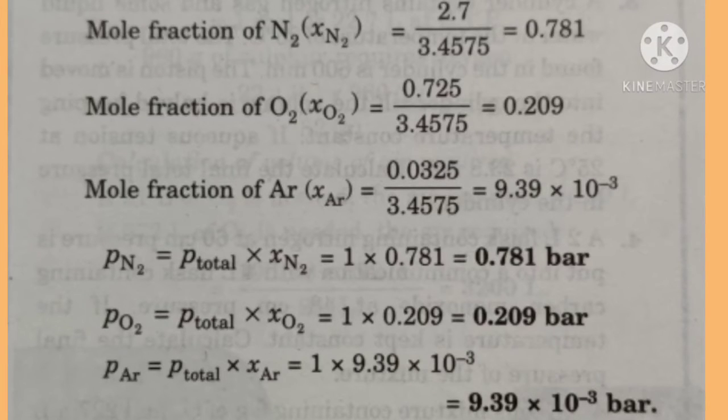And the partial pressure of argon is P total into mole fraction of argon, which is 1 into 9.39 into 10 to the power minus 3 bar. So in this way we can use Dalton's law of partial pressure to find the mole fraction and the partial pressure of the gases.